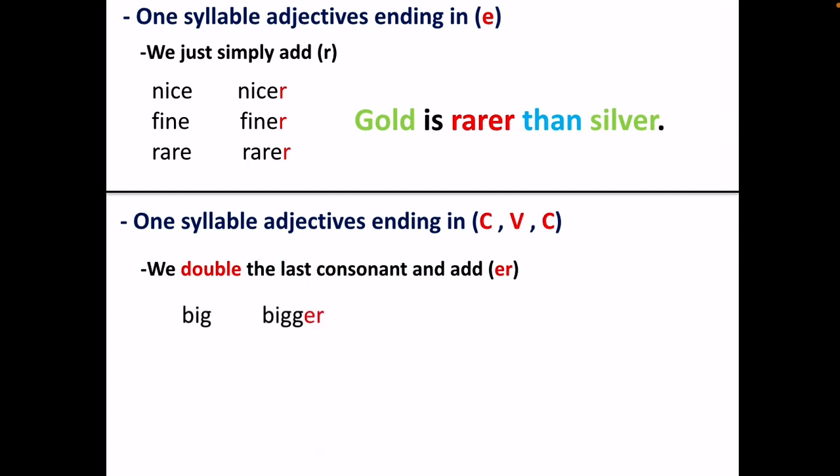For example, big, bigger, fat, fatter, hot, hotter, thin, thinner. Notice that in big, fat, hot and thin the last three letters are consonant, vowel, consonant. So we double the G in big, the T in fat, the T in hot, and the N in thin, and then we add ER.